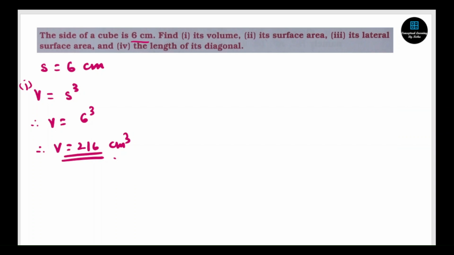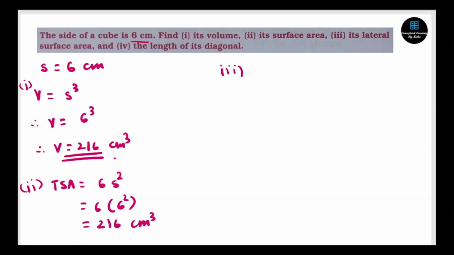Now surface area. As I said, when they just say surface area, that means total surface area. So surface area is nothing but 6 times side square. So 6 times 6 square. So again this is 6 cube only, so you will get the same answer for this. Okay. Now the third answer we have to find the lateral surface area.